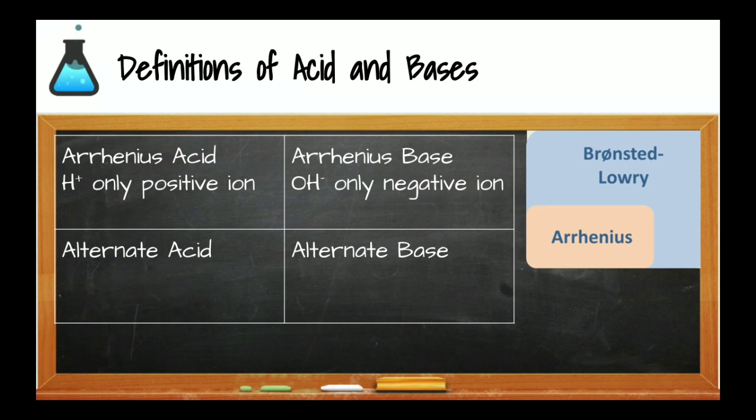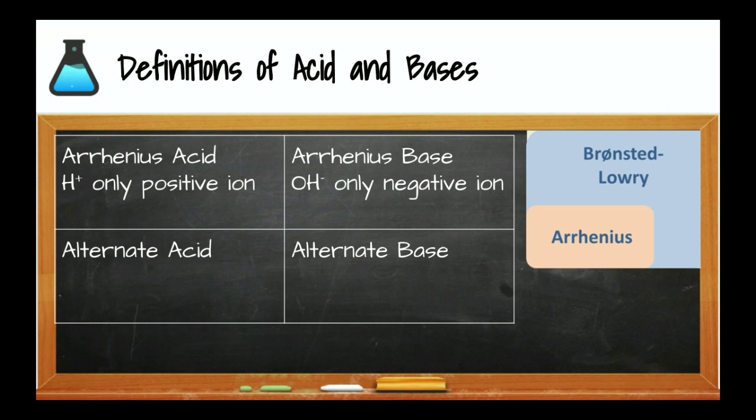The reason why we have these Bronsted-Lowry or alternate acids and bases is because the Arrhenius definition of acids and bases is too limiting. Recall that Arrhenius acids are substances that have the hydrogen ion as the only positive ion in solution.